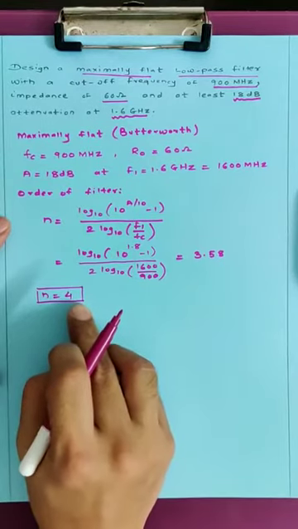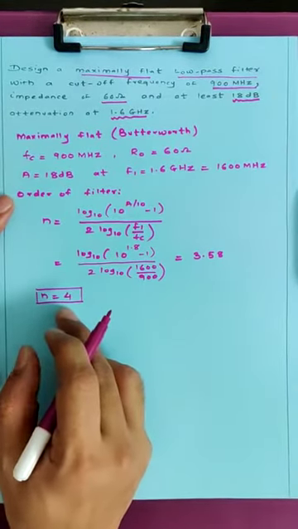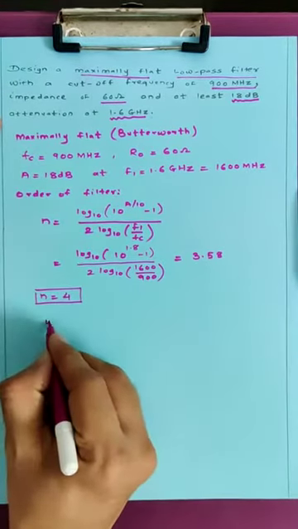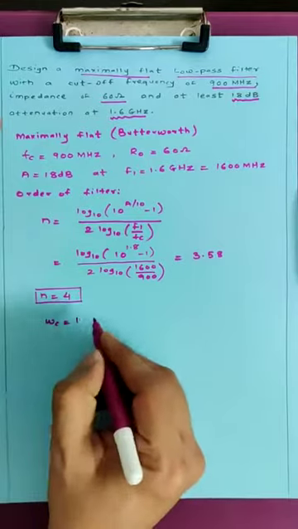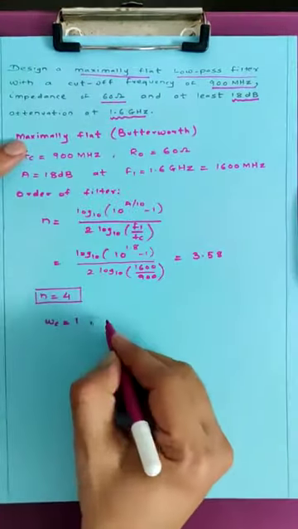Now our aim is to calculate the coefficients of the filter, or you can say the lumped element values, for omega c equal to 1 and R0 equal to 1 ohm.